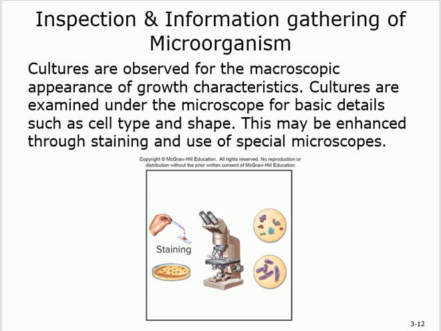Some species, you do macroscopic, put a sample under the microscope, look at the cell type and the shape, and you get the details, but others will need staining. And if that's the case, you use a special type of microscope to identify this.